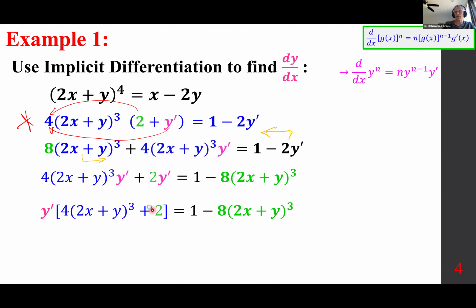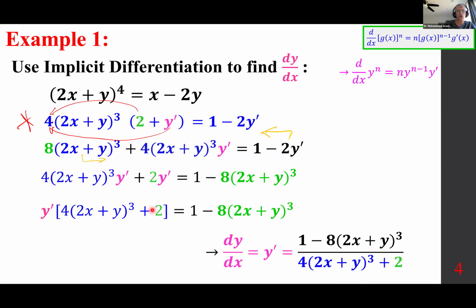Now you divide by the brackets, and you call it dy/dx or y prime: the right-hand side, 1 minus 8 times (2x + y) quantity cubed, over the brackets, which is 4 times (2x + y) quantity cubed plus 2. Notice we could take a common factor of 2 out from the denominator. However, since the numerator doesn't have a common factor of 2, you don't have to.